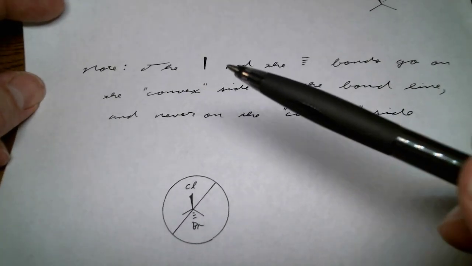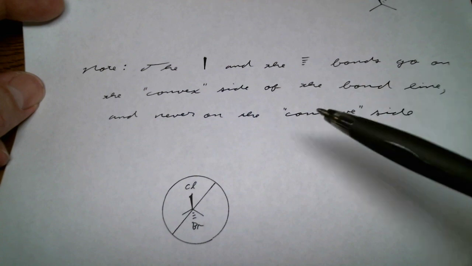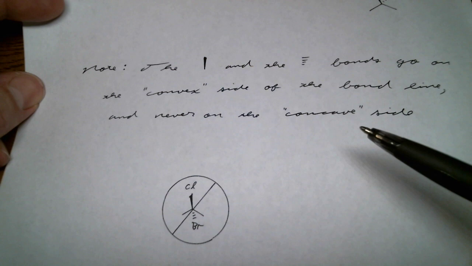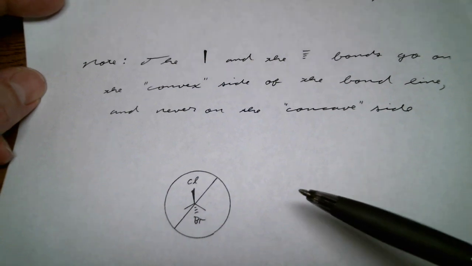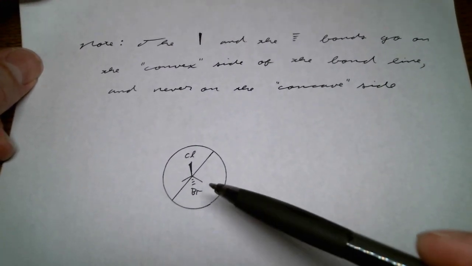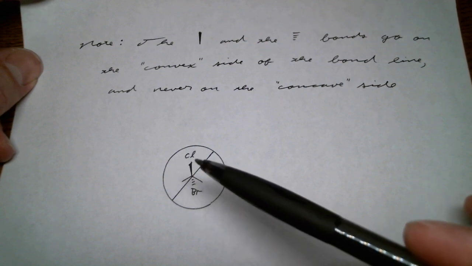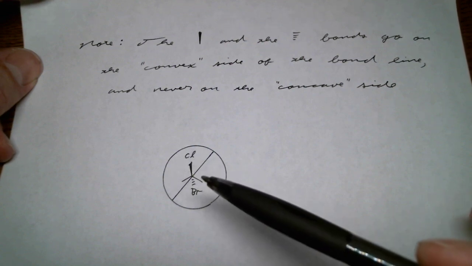Note, the wedged bond and the dashed bonds go on the convex side of the bond line diagram and never on the concave side for the purposes of our class. So what do I mean? I mean the wedged and dashed bonds go on the side that has the greater angle.